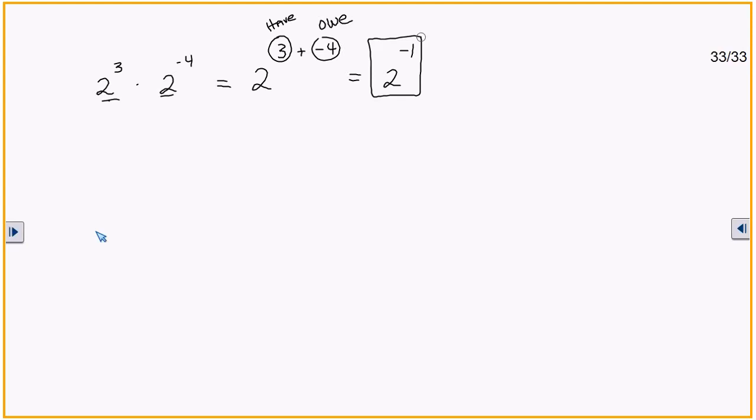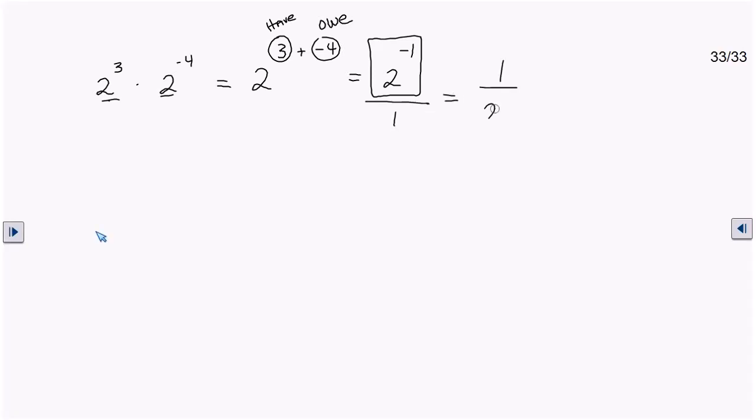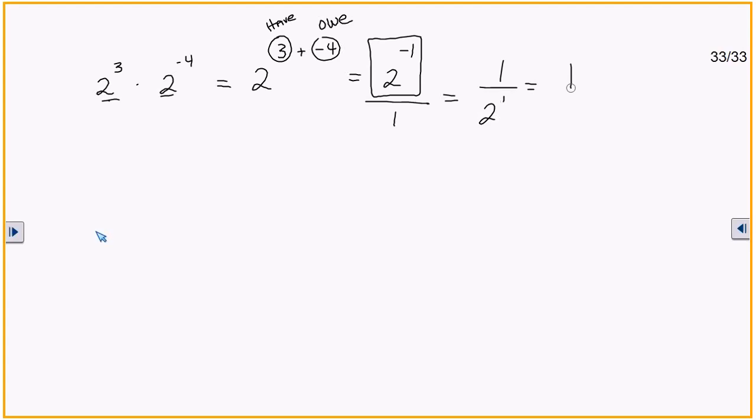You could use the inverse rule for those of you that's had algebra, and you can flip that and make it 1 over 2 to the first, which is 1 over 2. If you know how to do that, that's fine. We're not going to get into that right now. We'll get into that with the pre-algebra.